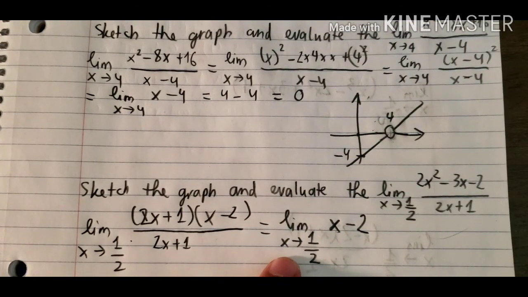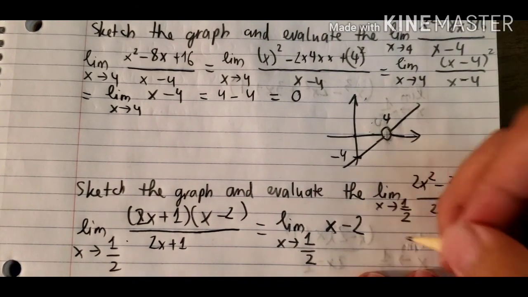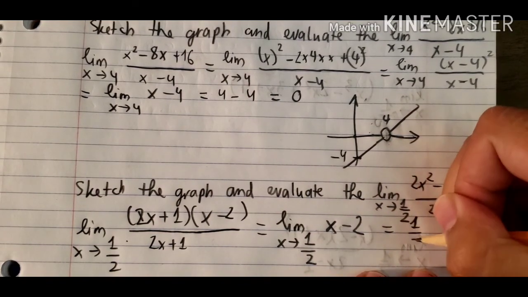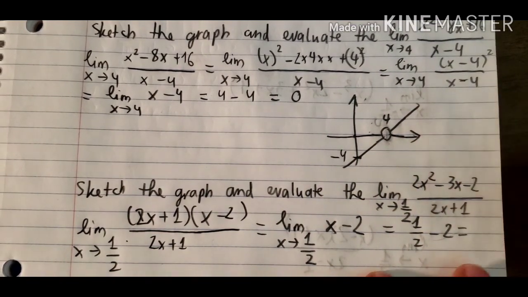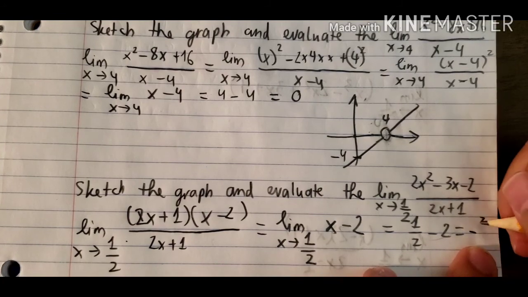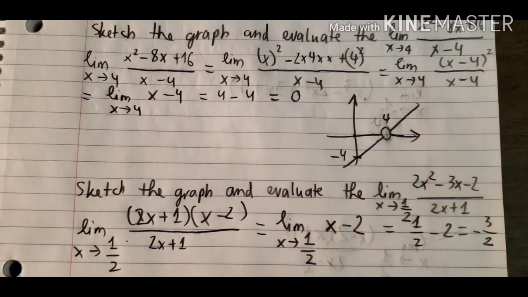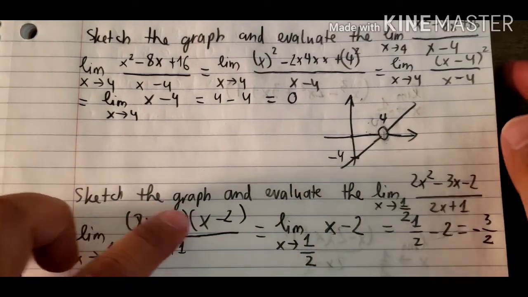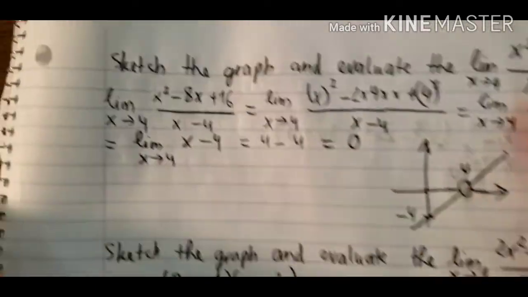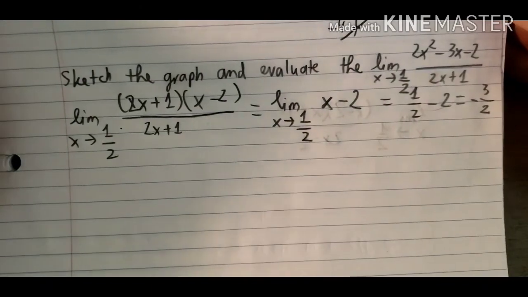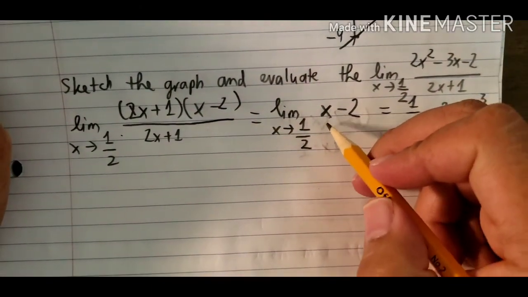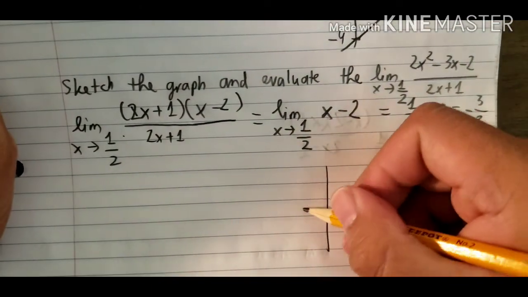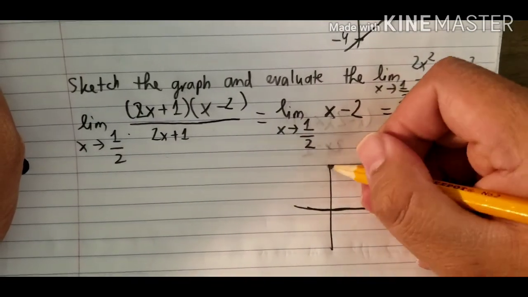When the number goes to 1/2, that will become 2 minus 3/2. So this is how we evaluate the limit. So we sketch the graph. On here we see s minus 2. We draw the graph in here.